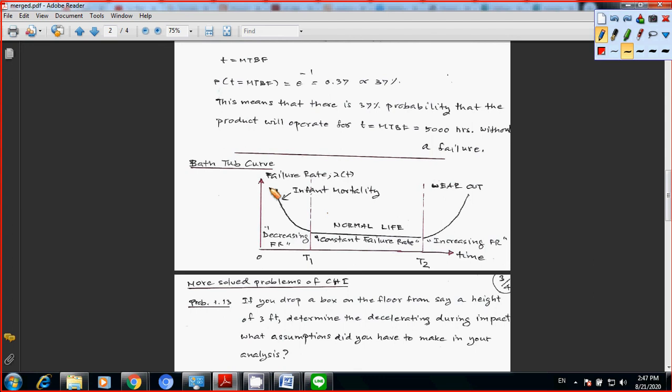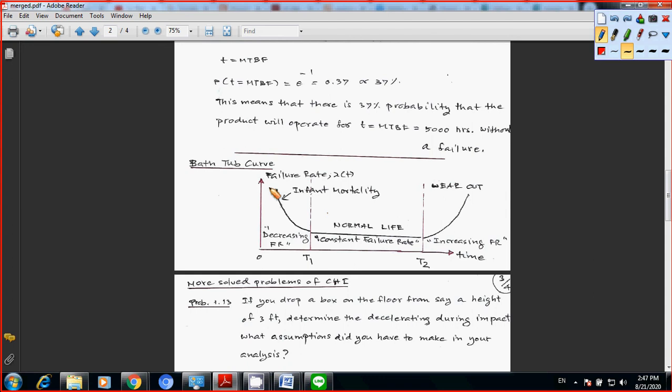And then after that it becomes a constant failure rate, because your system is close to a perfect operation. You have almost perfect components working, so you can use that for a while.